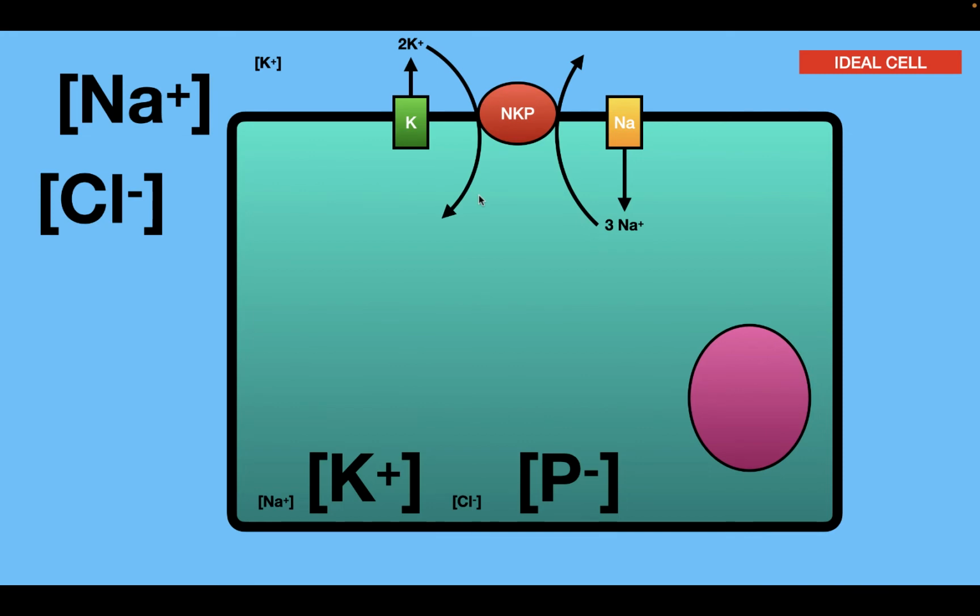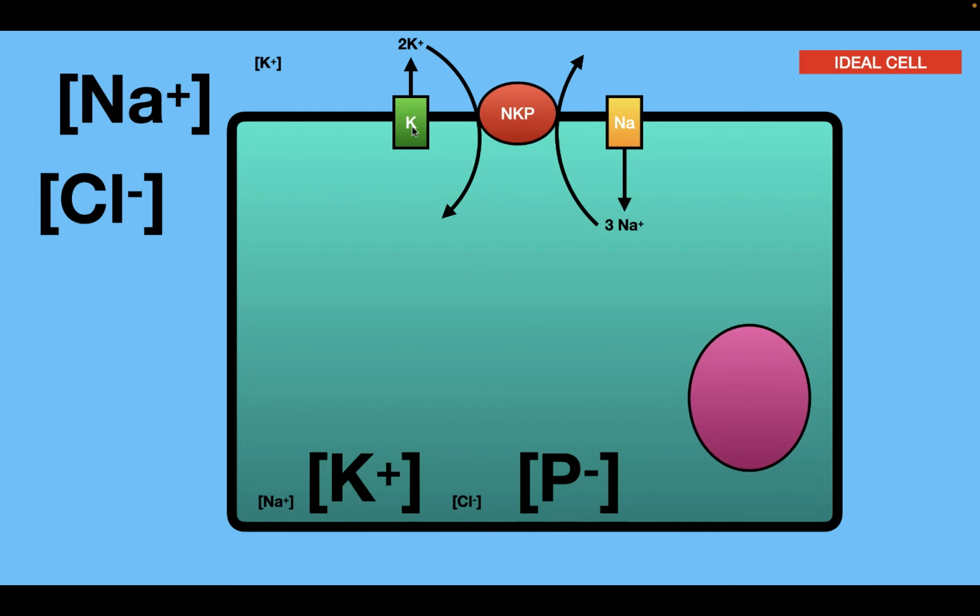So what we see here is that the sodium-potassium pump is incredibly important in maintaining the electrochemical gradients of different ions, in this case sodium and potassium.